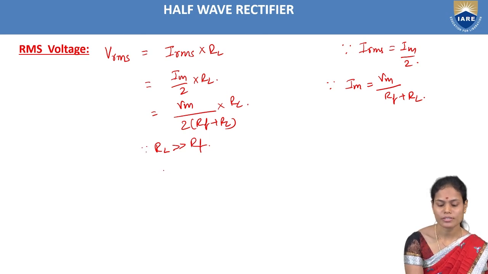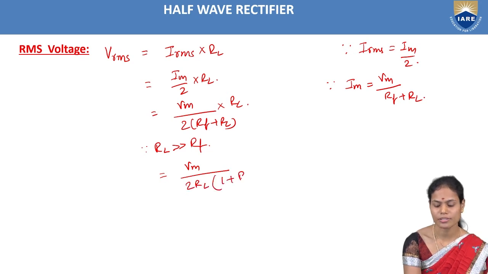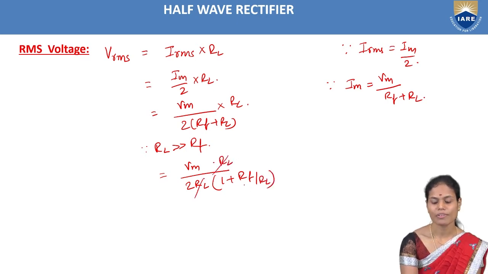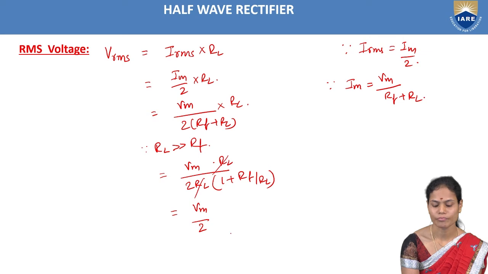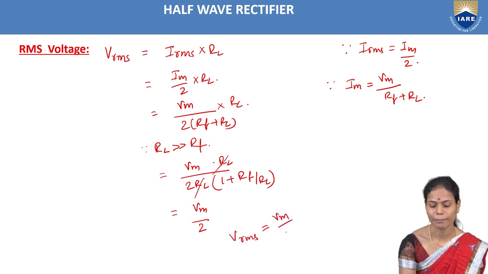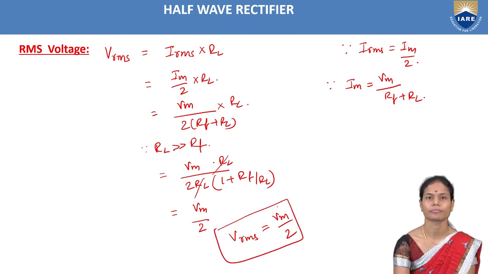If we take the RL common in the denominator, we will be getting 1 plus Rf by RL into RL. This value is very small, so we can neglect this. We will be getting Vm by 2. So Vrms is equal to Vm by 2 in the case of half-wave rectifier.